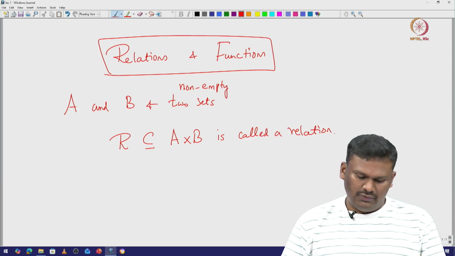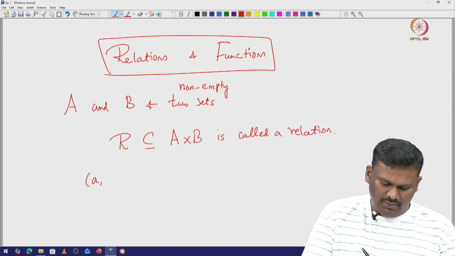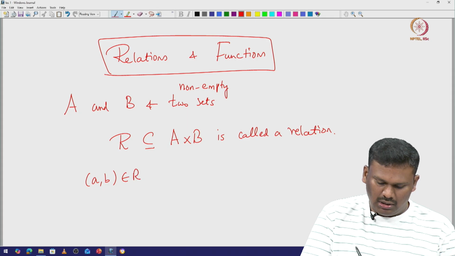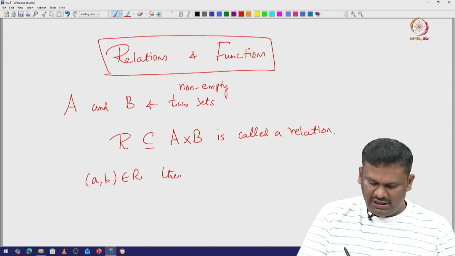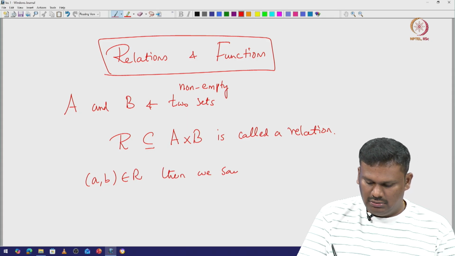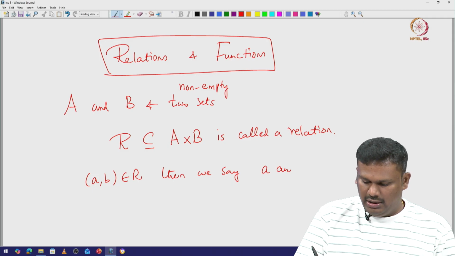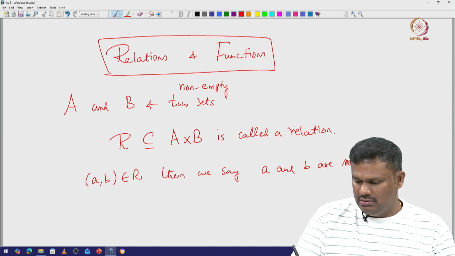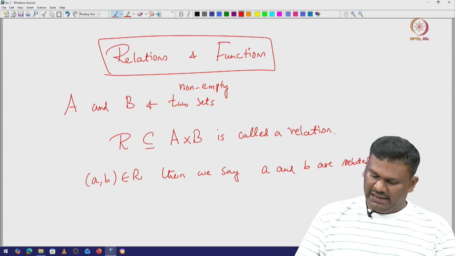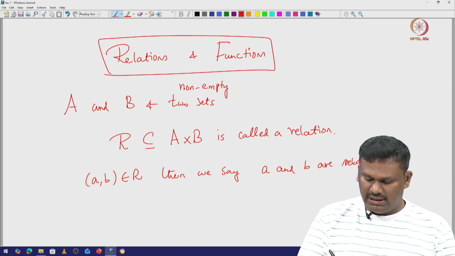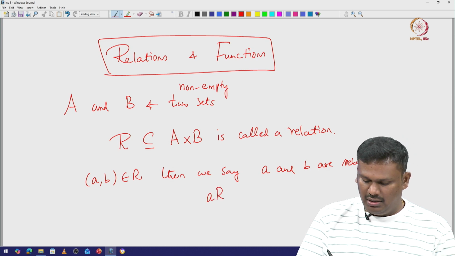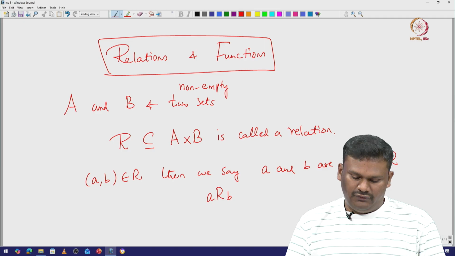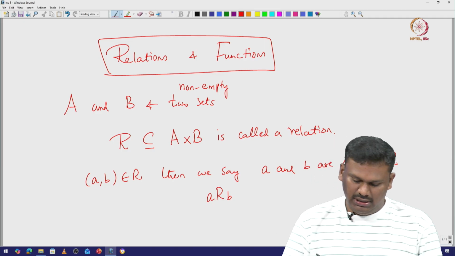So, whenever this (A, B) belongs to R, then we say that A and B are related by capital R. In some textbooks they just write it as A R B, or if you are using this other notation.